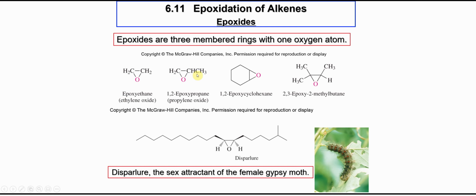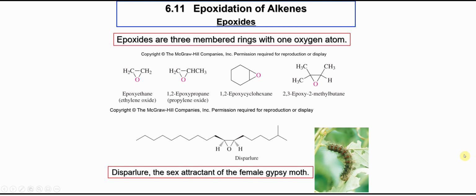If you have propene, with the double bond, you are going to form 1,2-epoxypropane. If you have a cyclohexene, this 1,2 carbon forms a 3-membered ring, you call it 1,2-epoxycyclohexane, etc. This is how you are going to form an epoxide.